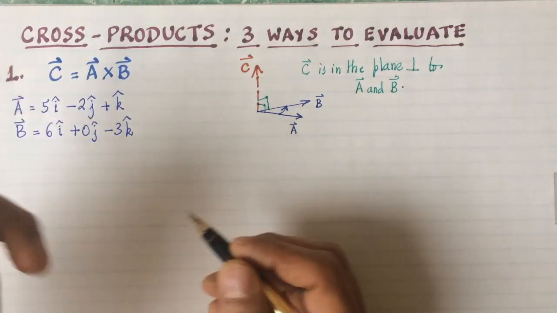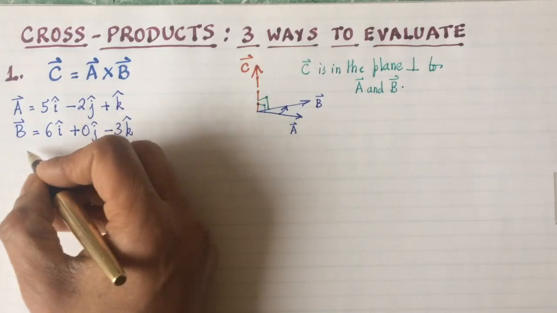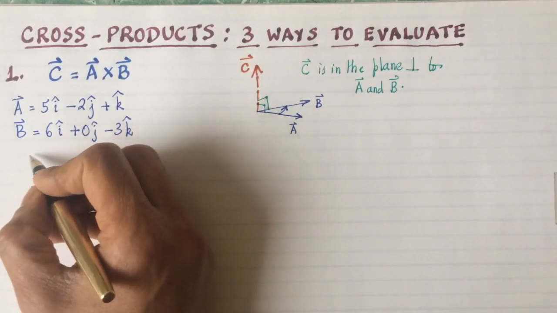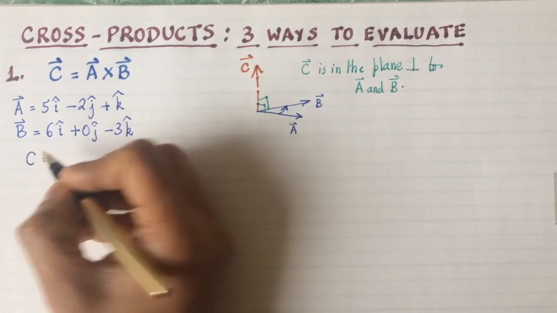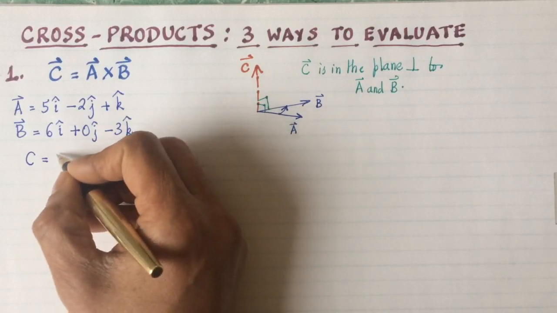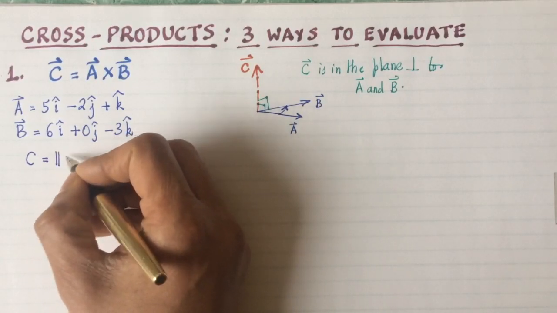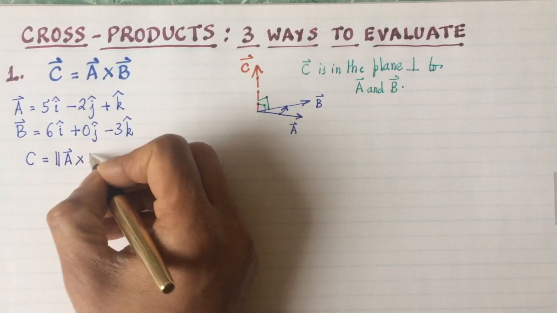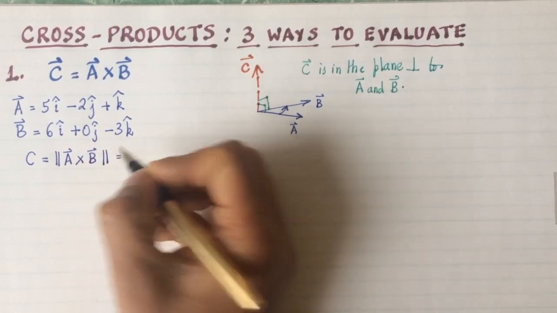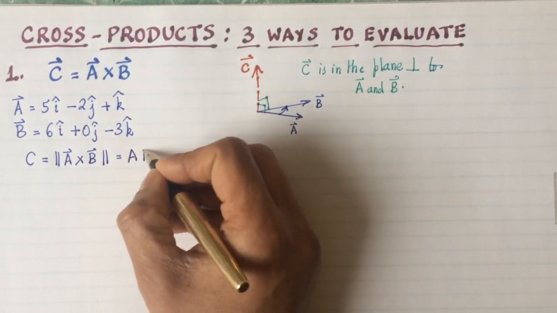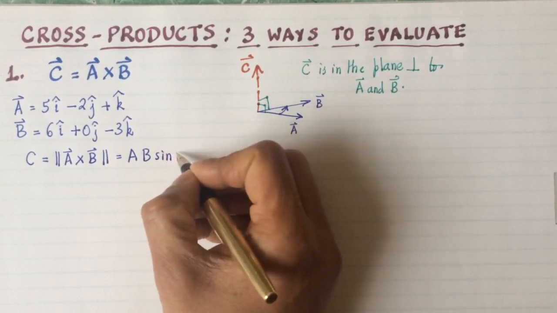Now, one way of evaluating the cross product is to use the basic definition of what a cross product is. The magnitude of the cross product, which I'll write simply as C, is going to be the magnitude of A cross B, and that is equal to the magnitude of A times the magnitude of B times sine of the angle between the two.